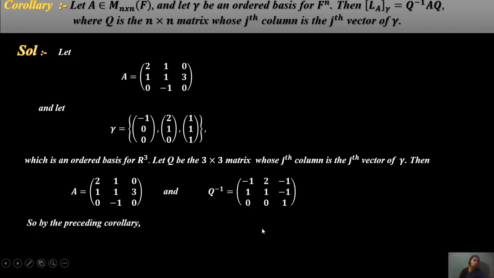Okay, this is Q inverse. So by the preceding corollary, to generate the value of this function [L_A]_gamma, both of these conditions are used, Q inverse A Q is generated. This shows how the condition is applied to gamma and how A is given.